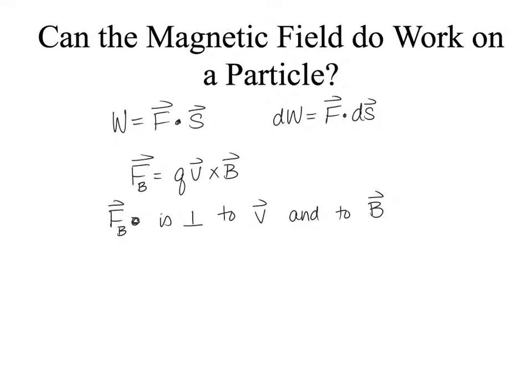So that means that as my particle is moving, ds will be parallel to v. And so then we could say that the force of the magnetic field, because it's perpendicular to v and ds is parallel to that, will also be perpendicular to the small displacement.